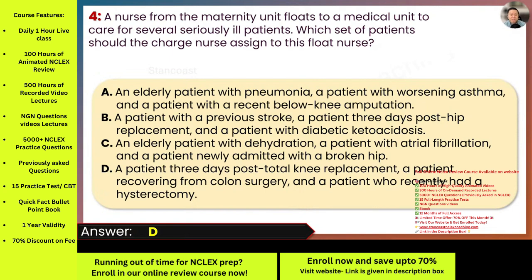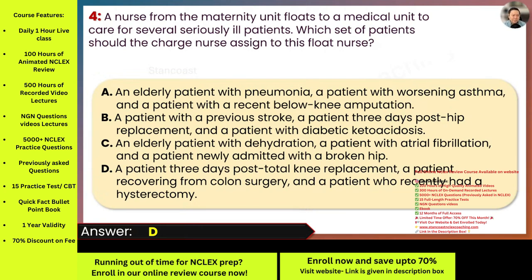And the stroke patient may also need neurological assessments, mobility support, which require familiarity with rehabilitation and stroke protocols. And the hip replacement in option B needs post-op care, which the float nurse can handle. But the DKA and the stroke cases make this assignment too risky for them. And so you have to avoid assigning float nurses to critical conditions like DKA.